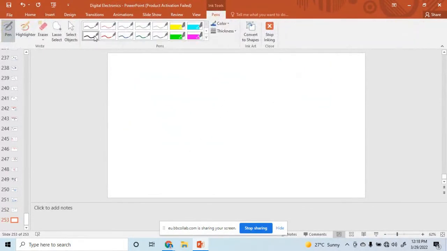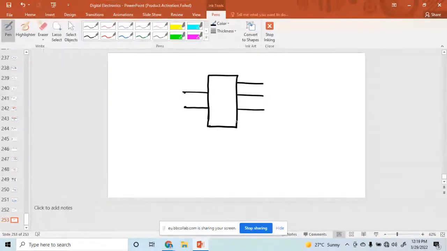What is the block diagram of a decoder? First, I will discuss the 2:4 decoder. Here it has two inputs, A and B, and four outputs, one, two, three, four, and one enable line.